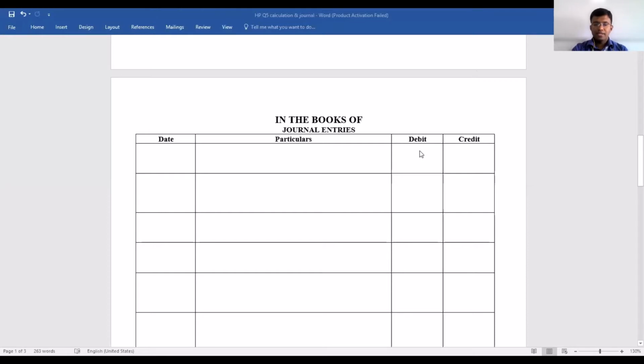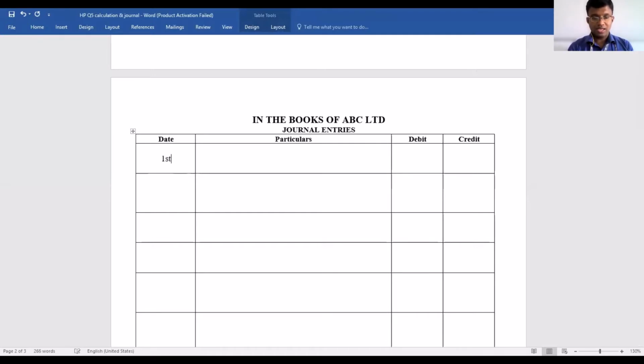Now that we have completed the calculations, we have to move on with the preparation of the journals. And remember, we are preparing the journal entries from the point of the purchaser. The technique that we are following is called the asset accrual method. The very first entry that you will be passing is for the down payment.